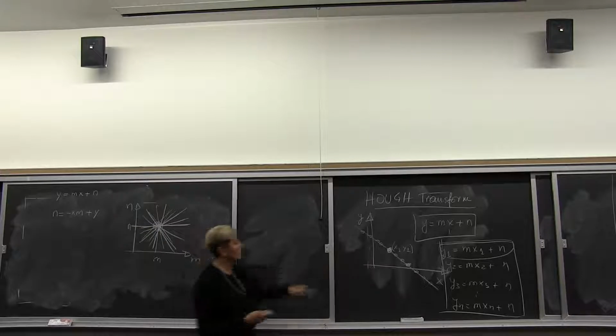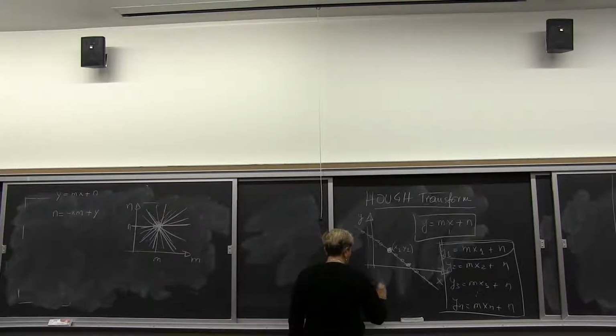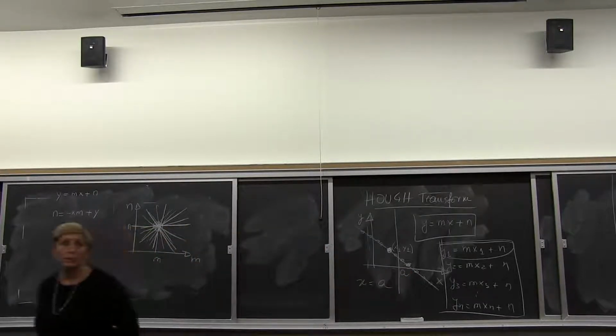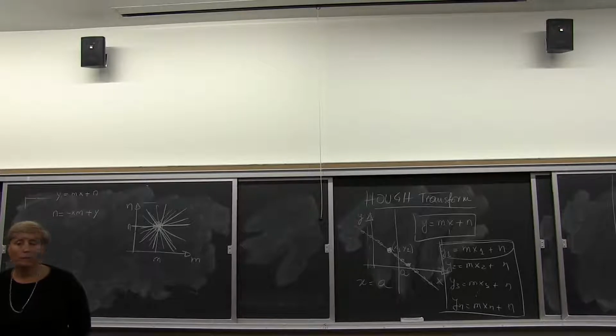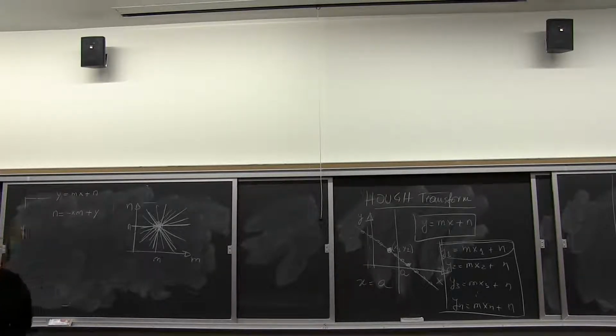What happened if my line over here was of this form? Where is the intercept?